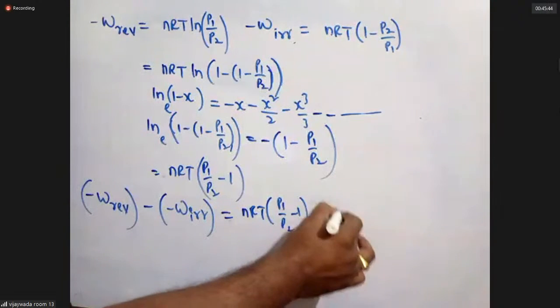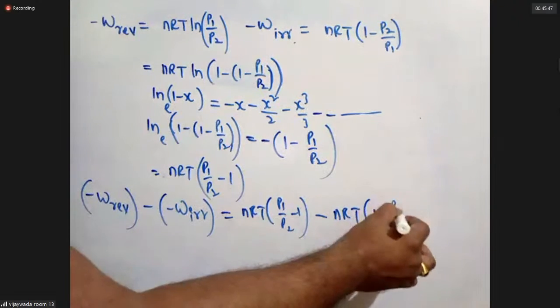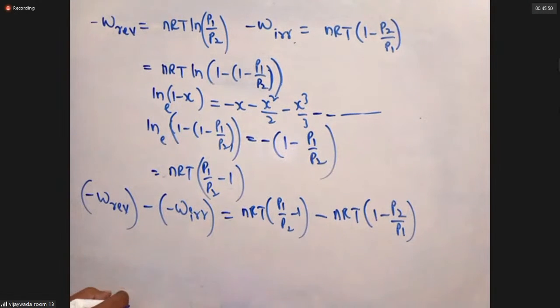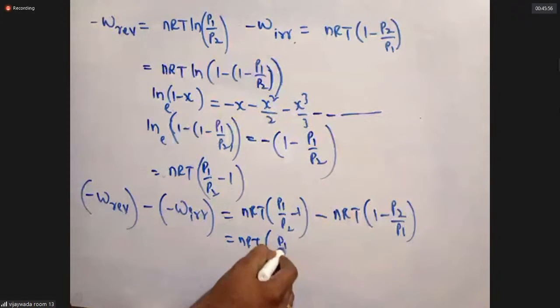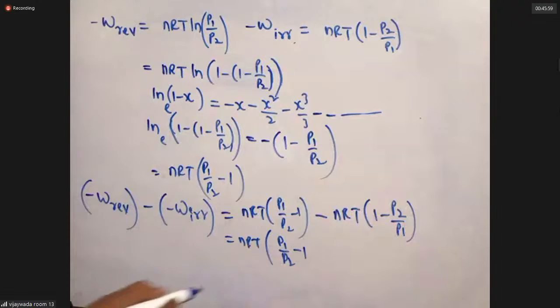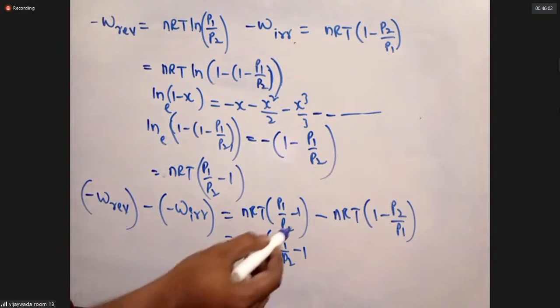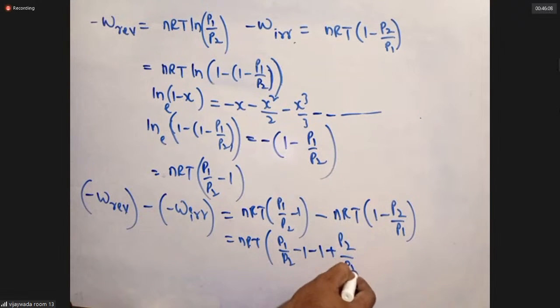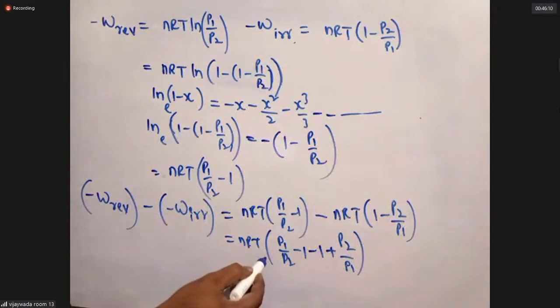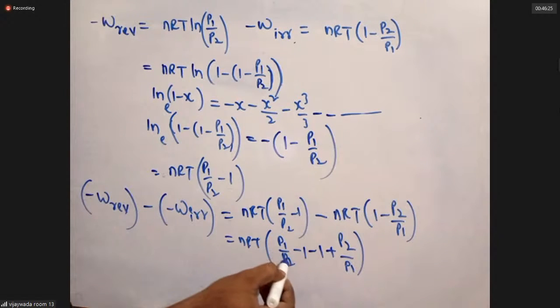This is the value nRT into 1 minus P2 by P1. nRT is common. nRT times P1 by P2 minus 1 minus 1 plus P2 by P1. Students, is this value positive or negative, tell me.